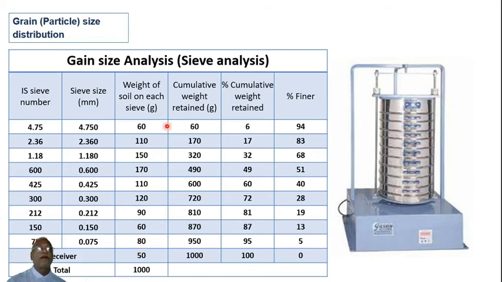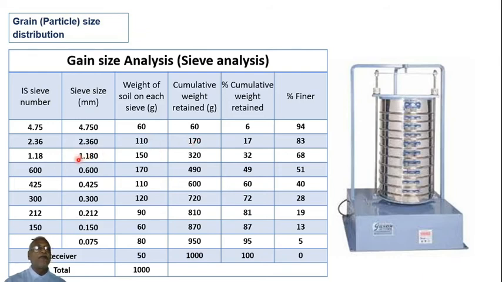Now, cumulative weight. The particles above 4.75 are 60 grams. This 110 is passing through 4.75 but staying above 2.36. Now if I sieve the whole soil with only 2.36, how much would have stayed on top? It would be 110 plus 60, that is 170. So the cumulative weight retained above 2.36 is the sum of these two, 170.